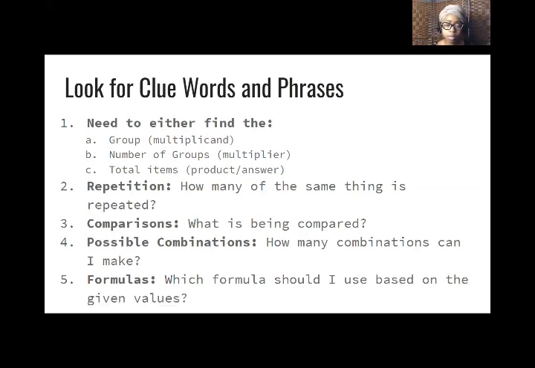Some questions may require you to ask yourself, how many combinations can I make for the possible combination questions? And some questions may require you to use a formula. You may ask, which formula should I use based on the given values? Okay. So you got to be paying attention, and we're going to go through these different categories and the type of phrases that come up in these categories.